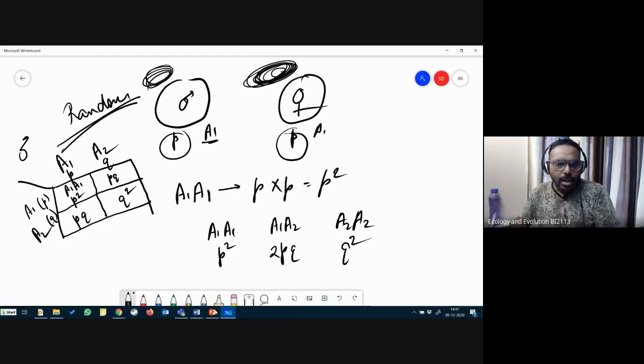And remember that when you are pulling a gamete, the probability of pulling that particular kind of gamete is equal to its frequency in the population, right? That is the reason you are able to put P and Q here. If the probability of pulling that gamete is not the same as its frequency in the population, then what goes over here is not the frequency, it is the probability.